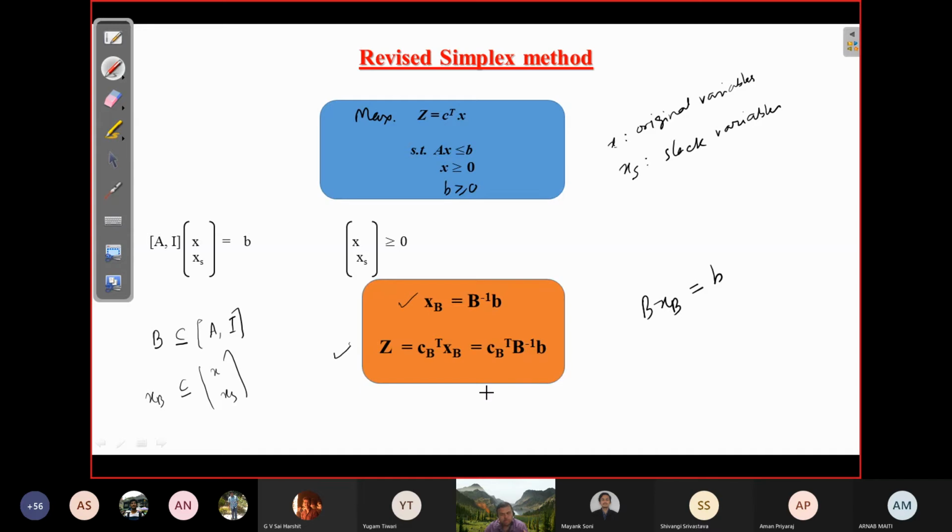If you choose a base capital B, with these basic variables XB, where B is a subset of [A I], then XB equals B inverse b simply, and the objective value Z is CB transpose B inverse b, where T is transpose.